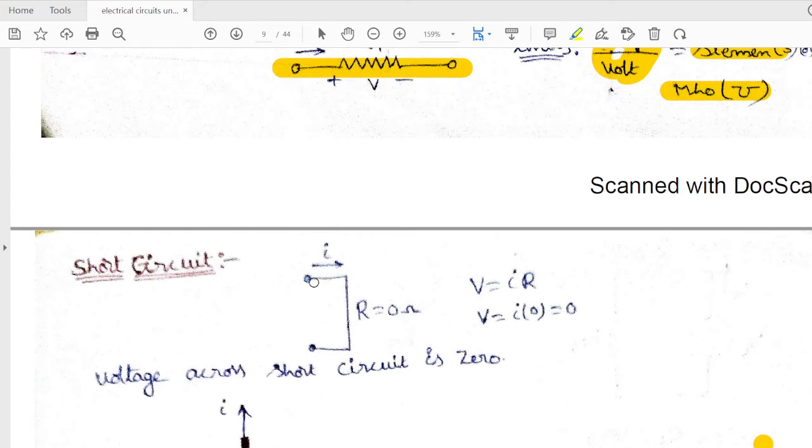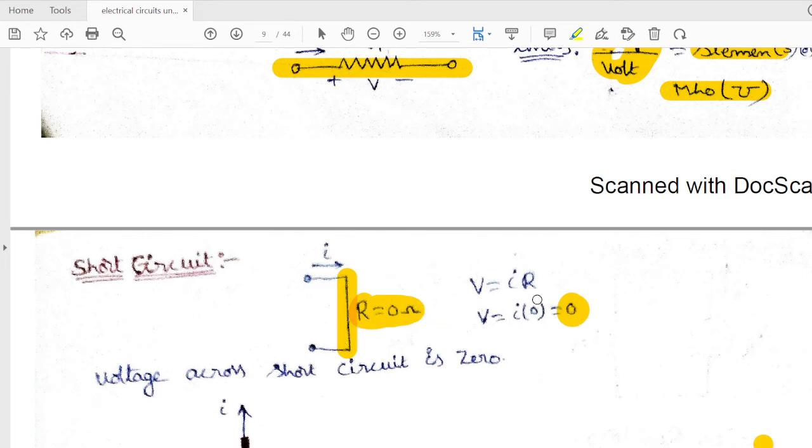See, if I am taking a short circuit, it means two terminals are joined with a single wire. For example, these two terminals are joined with a wire, then they are said to be short circuited. In a short circuit, the resistance will be 0, which means there is no opposition to the flow of current. If resistance is 0, then I into 0 becomes 0, which means in case of a short circuit, the voltage across it is 0.